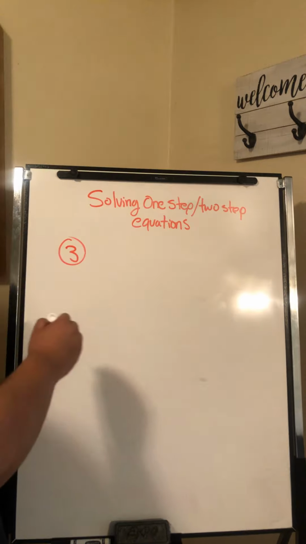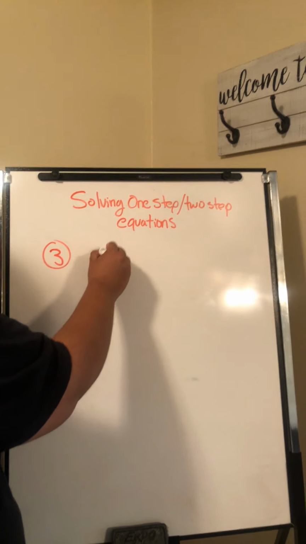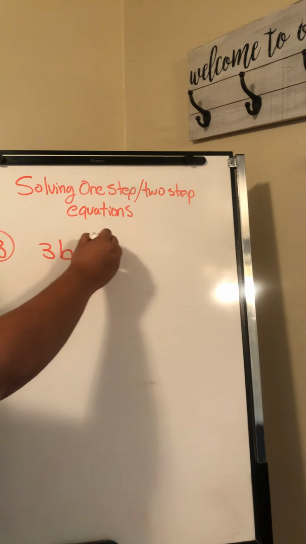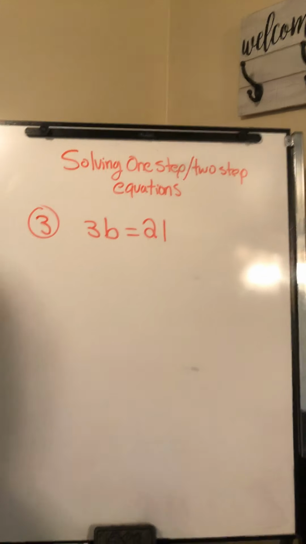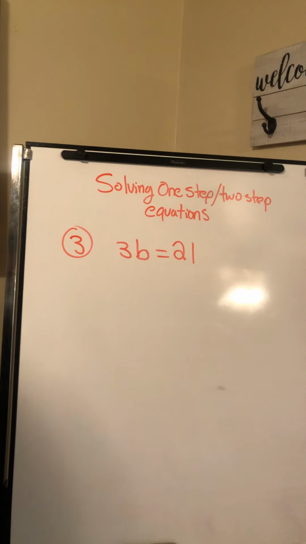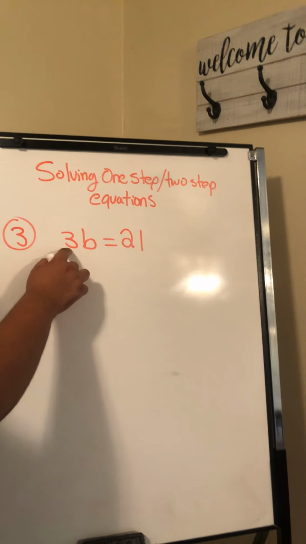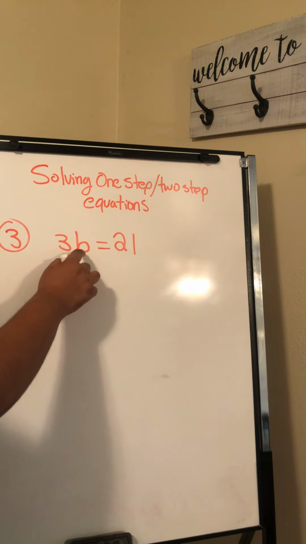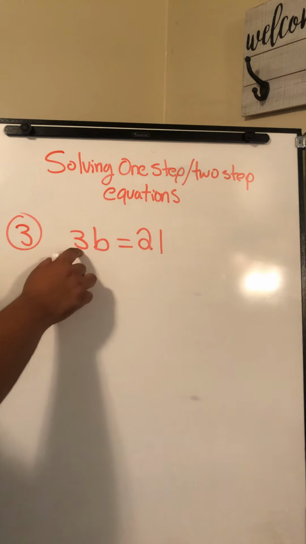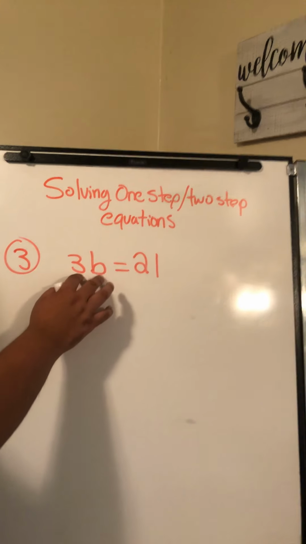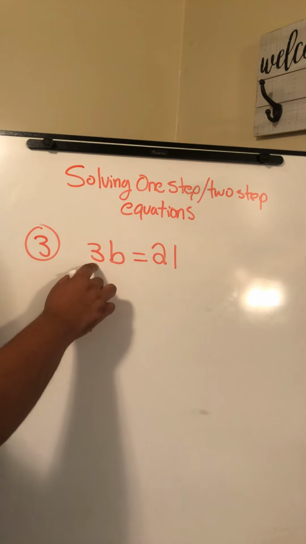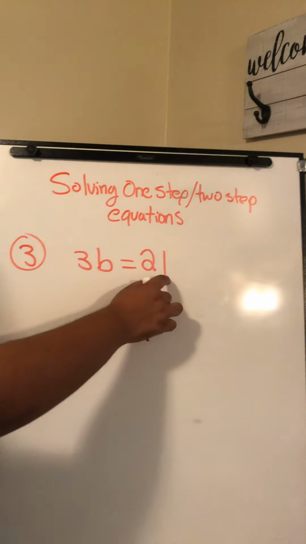Number 3, say we have 3b equals 21. Now, keep this in your memory. Whenever you have a number right next to the variable, this is called your coefficient. Whenever you have those two together, that means 3 is being multiplied to b and it equals 21.